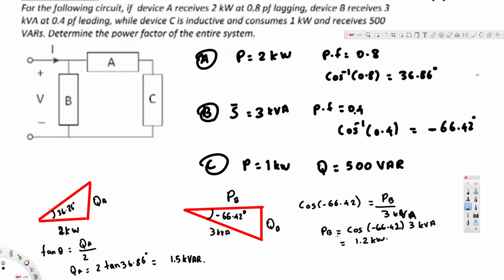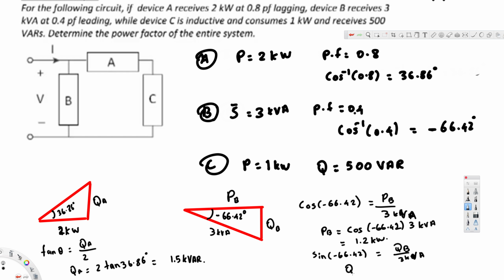Okay, now we have the PB value. Now we can find QB using sine theta. Sine negative 66.42 is going to be opposite over hypotenuse, that's QB divided by 3 kVA.